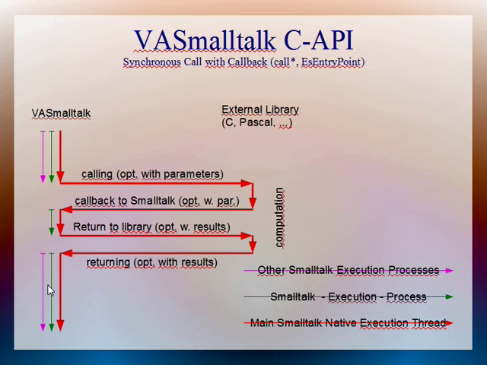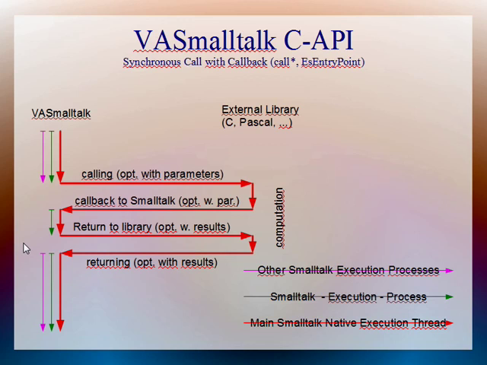a pretty difficult situation. Smalltalk code is now running during the total life of the external function call. This means that the garbage collector can be triggered.